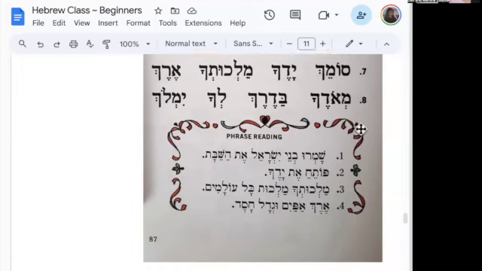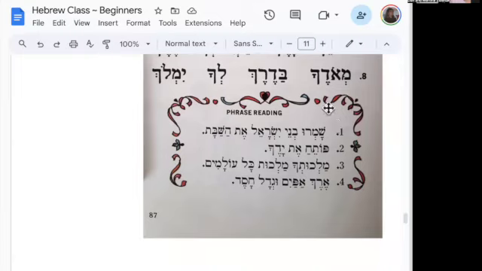Okay. Line 8. Meodecha. That means your strength. You shall love the Lord your God with all your heart, with all your strength. Meodecha is strength.